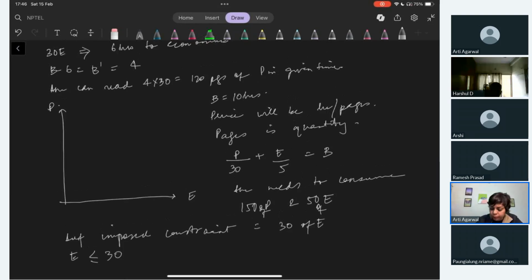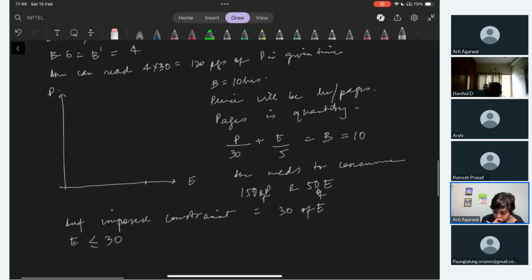Let's first draw this diagram. So in this B, let me plug in the value of B. B is 10. She has only 10 hours, right? So E becomes 50, right? And P becomes 300.